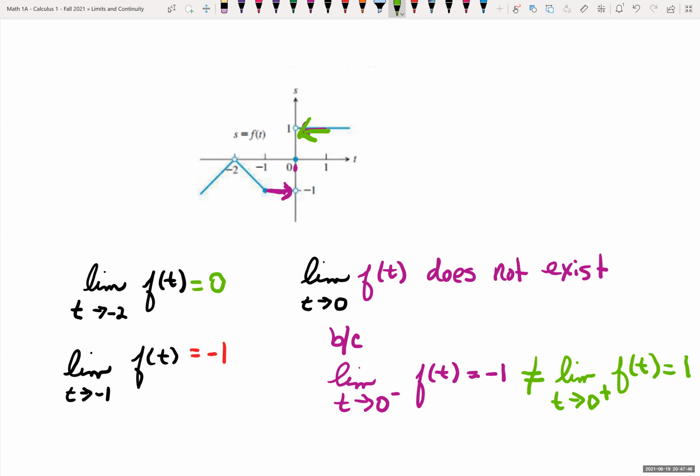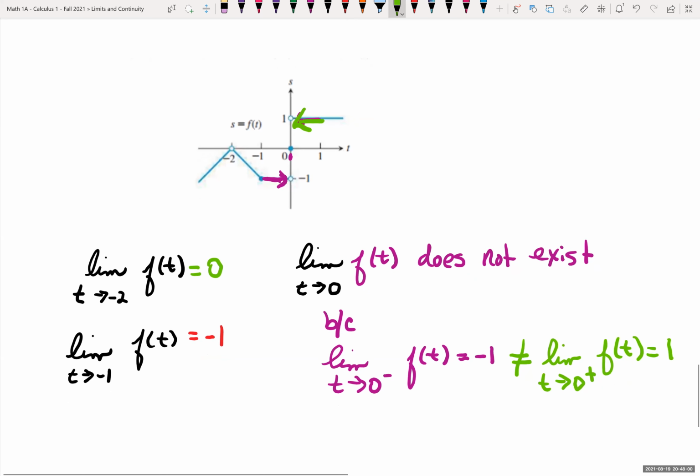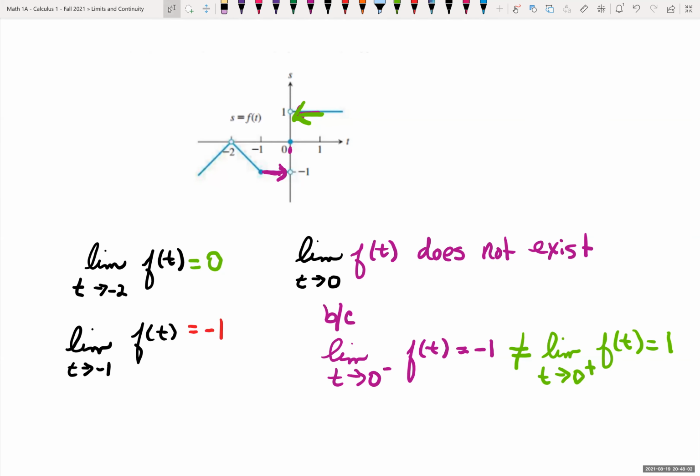So if left and right don't equal each other, then the limit doesn't exist. But we can have the limit exist on the left and the limit exist on the right, with the limit not existing altogether.